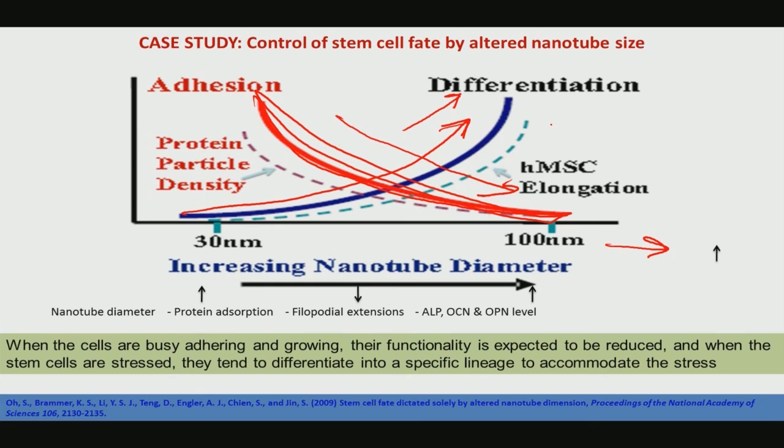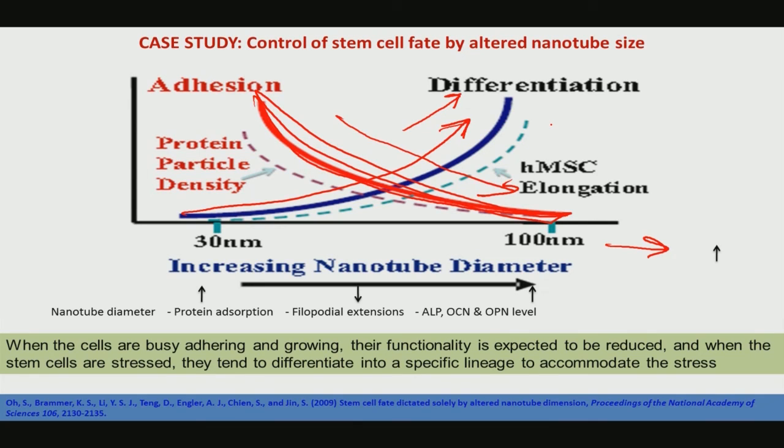Less adhesion, more differentiation, simply because the physical space that each stem cell has in its surroundings is much more, so the way the stem cell would like to differentiate is possible.